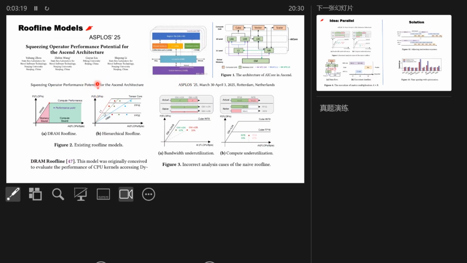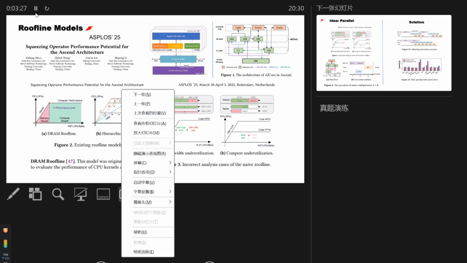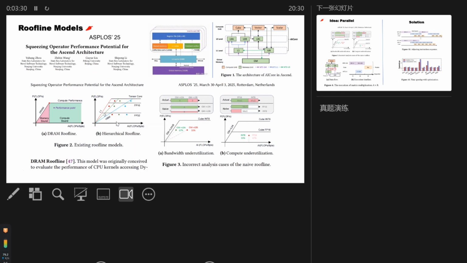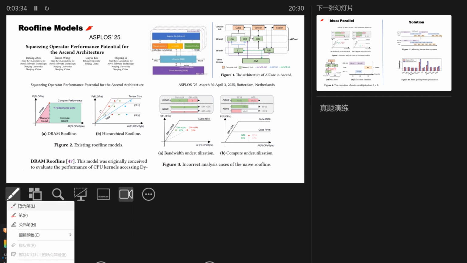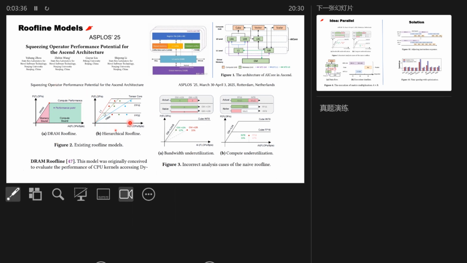And here I would introduce another paper for you. Its idea is that it also analyzed their system, called Ascend, at Huawei, using the roofline model.